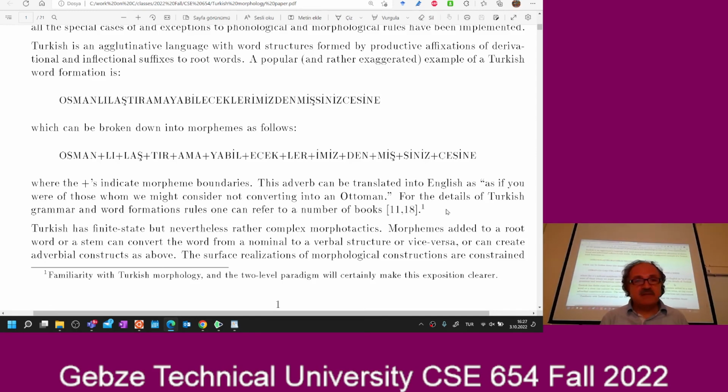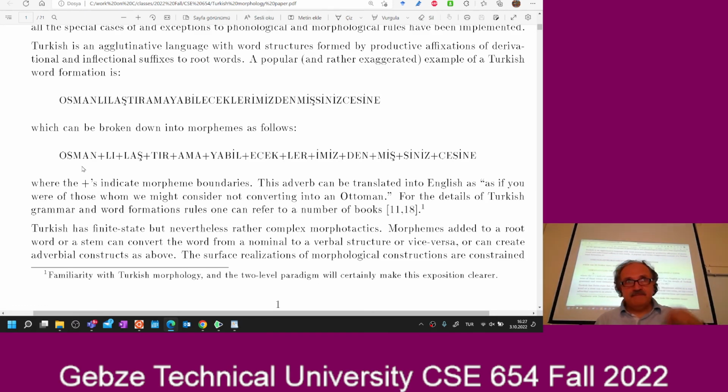Finding text similarities in Turkish is not easy because the words can take different forms. Osmanlılaşmış, Osmanlılaşacak, Osmanlılaştırılmış. These are all the same word. How do you match these? So you need to do the morphological analysis, maybe just match the root of the word or do some other stuff. Again, this is related to your first homework.